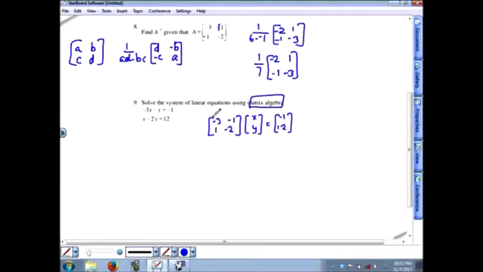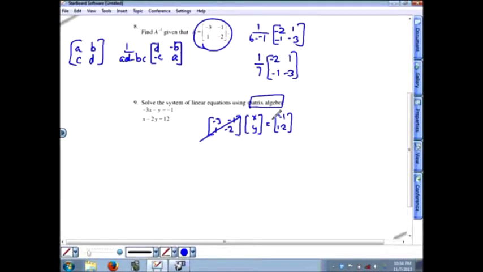So we need to cancel or in some way undo this matrix in front of the xy matrix. The only way to get rid of a matrix, or to reduce it to 1 essentially, is to multiply it by its inverse. So we need to find the inverse of this. But this matrix is simply the matrix from problem 8. We've already found the inverse. This is A inverse. If we multiply by A inverse over here, that matrix is gone.